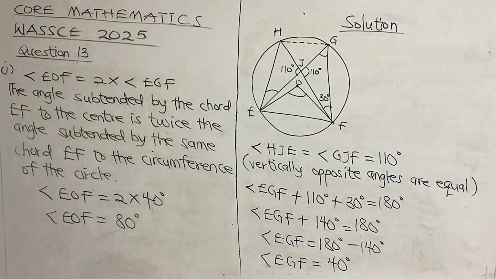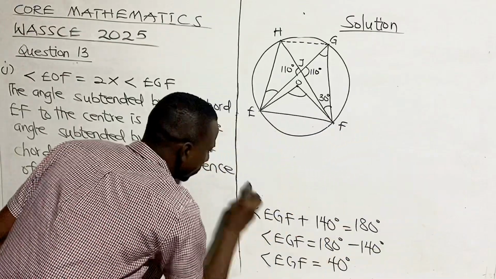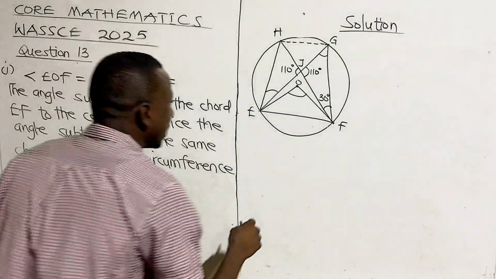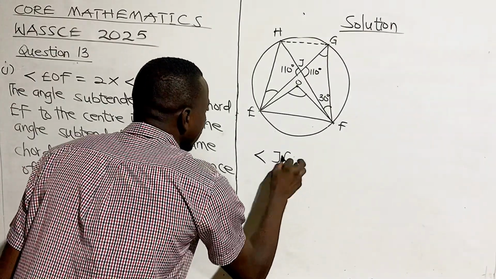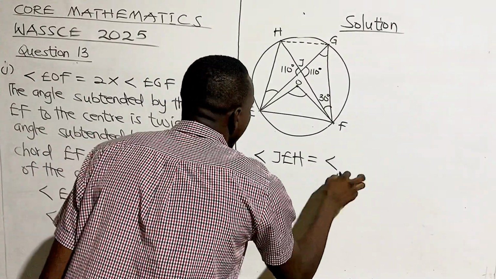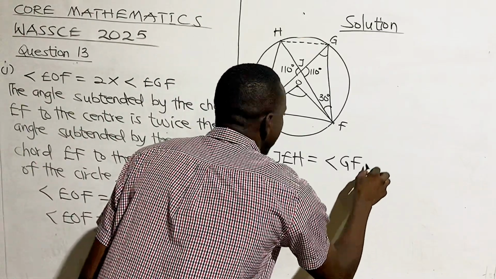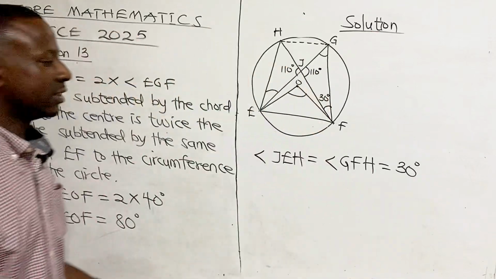All right. So now let me move on here. So now I can say that angle JEH is equal to angle GFH, and they are all equal to 30 degrees.